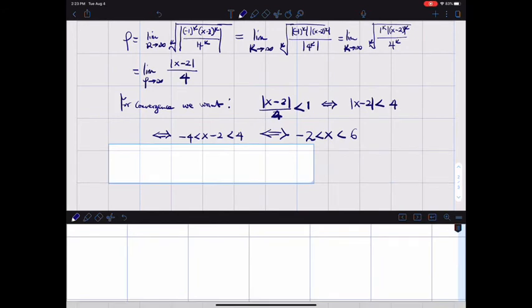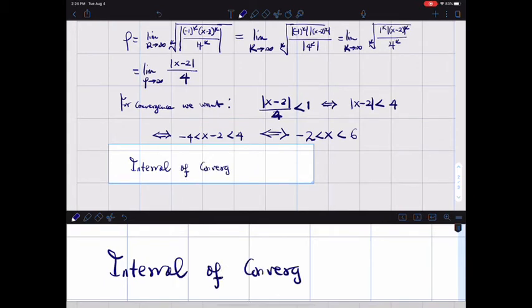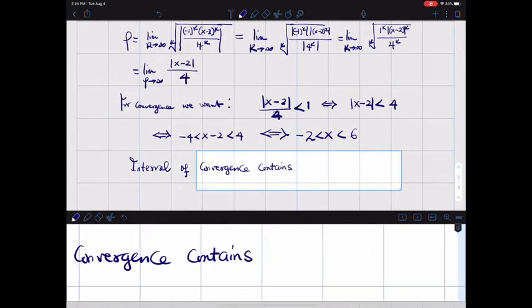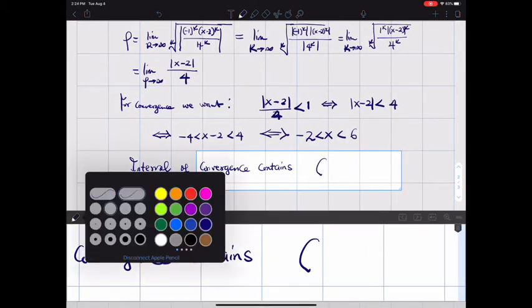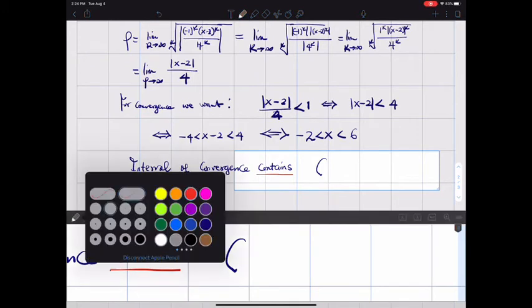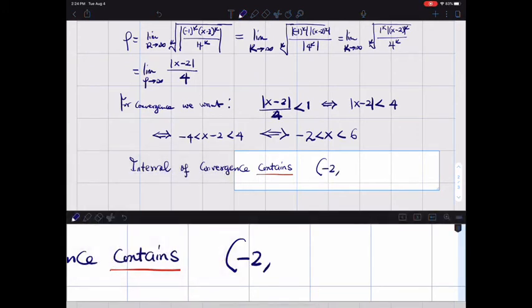So the interval of convergence contains, and you see why I'm using this word, from -2 to 6.